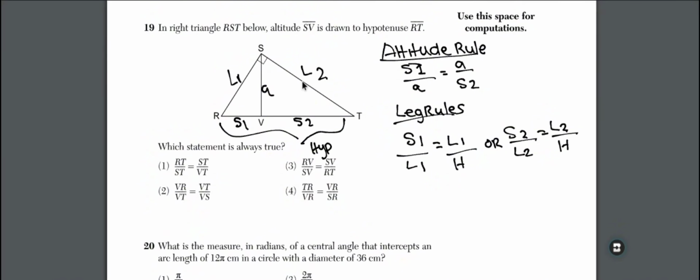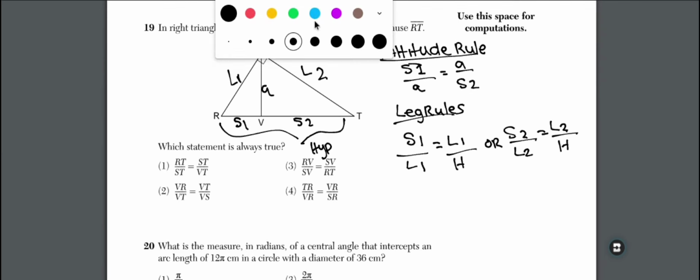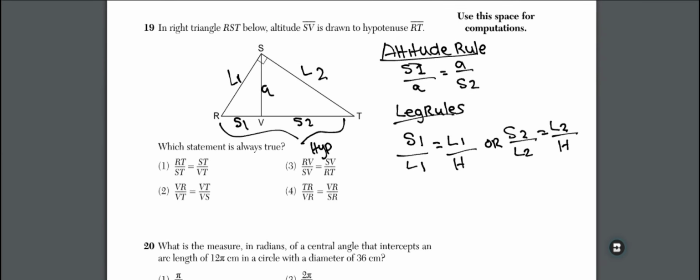Now, how do I apply these to my answer choices? So, if we take the altitude, for instance, it tells me side 1. So my side 1 is RV over my altitude, which is SV, right? Is equal to my altitude, which is SV, over my side 2, which is VT. Okay?